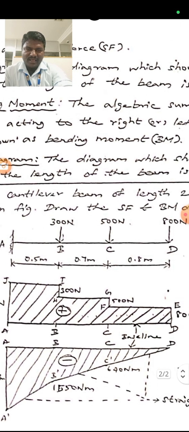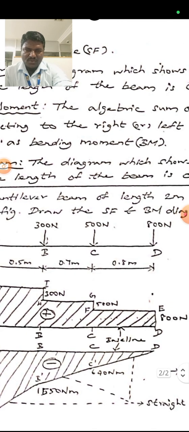Going to point B: on the right side of B, there are two downward loads.